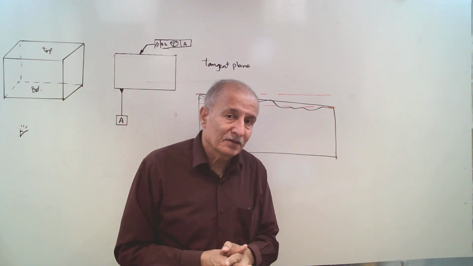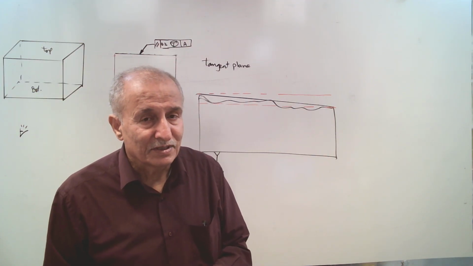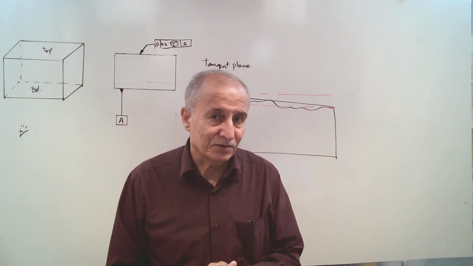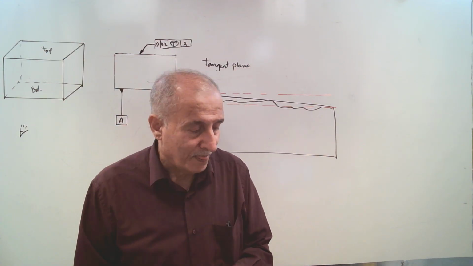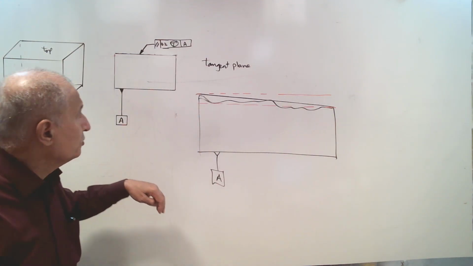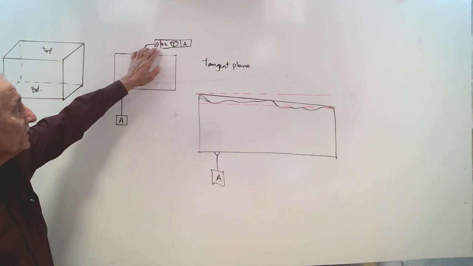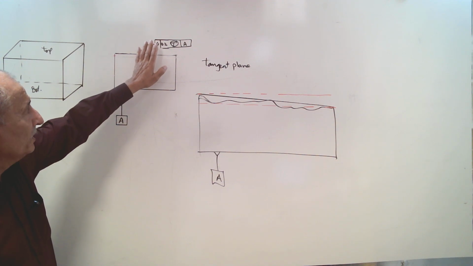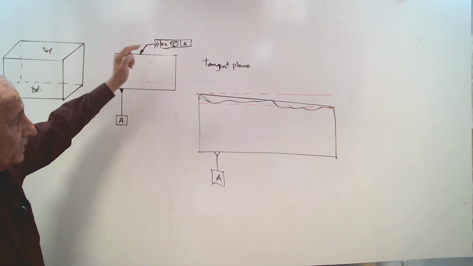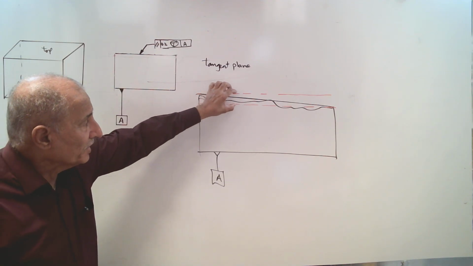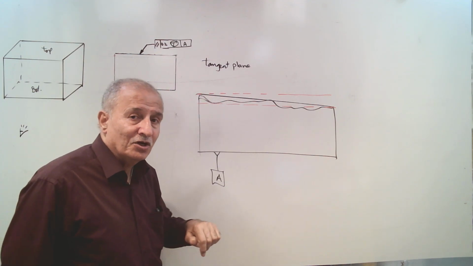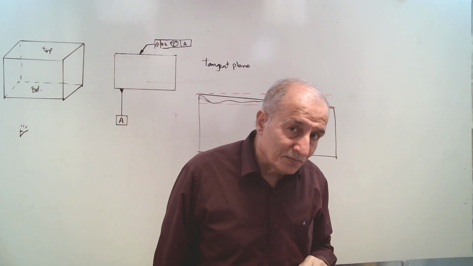In this case, this parallelism tolerance cannot control flatness of the bar. Then you are allowed to use the T modifier for orientation, for parallelism that applies to a planar surface. In this case, the tangent plane must lie within the tolerance zone, and flatness is not controlled by this parallelism.